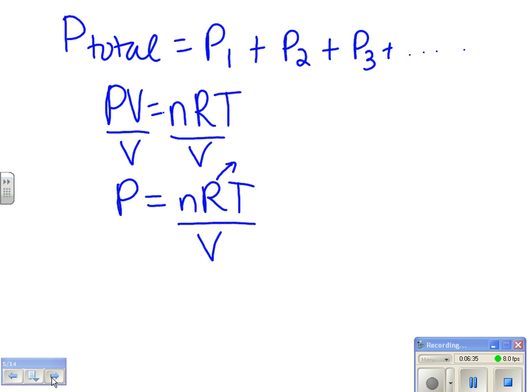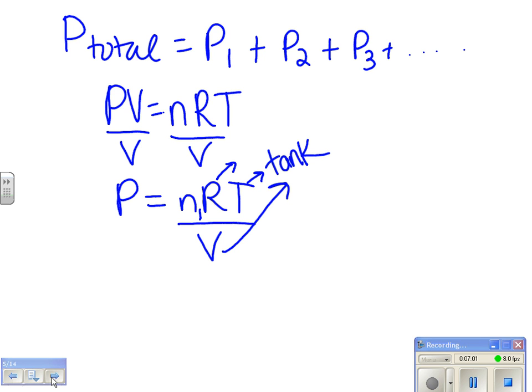Our R, our T, and our V are all going to be the same because they're in the same tank. What's going to be unique about each of these parts is the moles. And you can designate these with numbers, make it n1, or if you wanted to, you could label the gas there. For example, if you had helium, you could put the symbol for helium beside it.